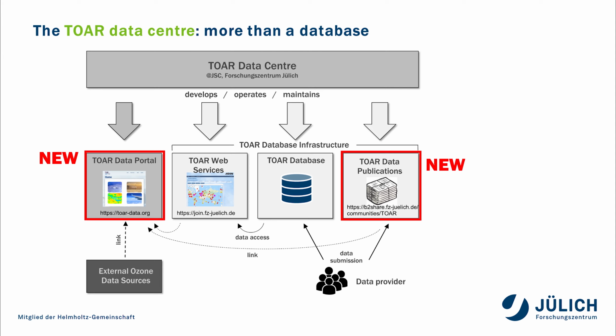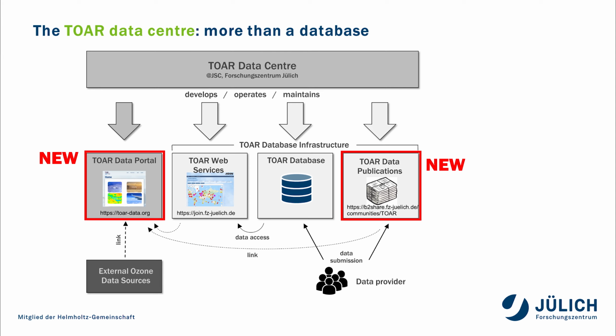We have the TOAR database in the center there, which is also combined with a graphical user interface, the JOIN web interface. A new element of the TOAR database are now the TOAR data publications, which allow people who send us their data to actually get a DOI, a digital object identifier, for this, which of course increases the attraction of sending data to us, so they actually have a publication associated with it.